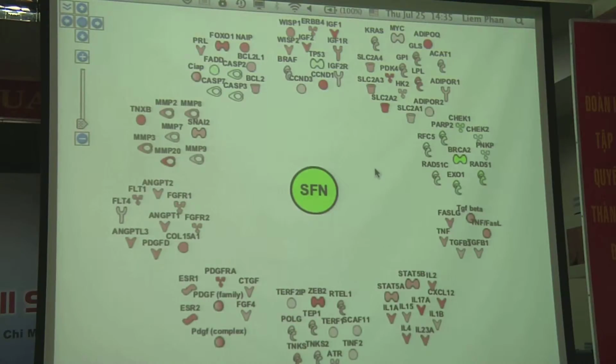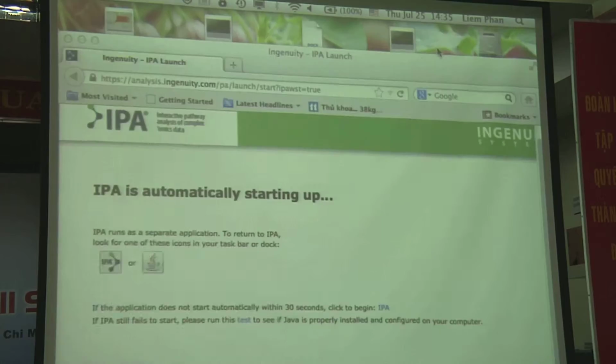And we use this figure for our high throughput screening, and also for our paper. And you can do a similar search, like you can study the impact of the gene loss or gene upregulation on the genetic change in the cancer cells as well.